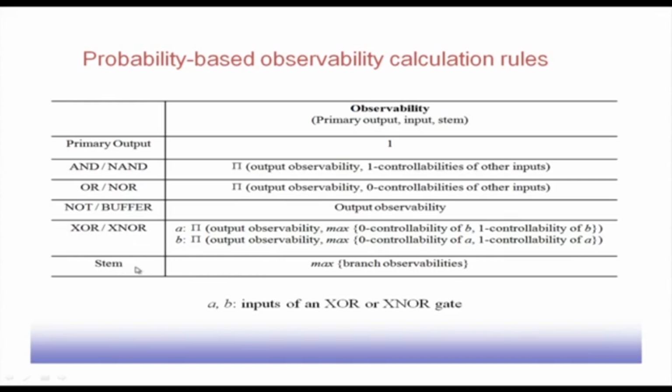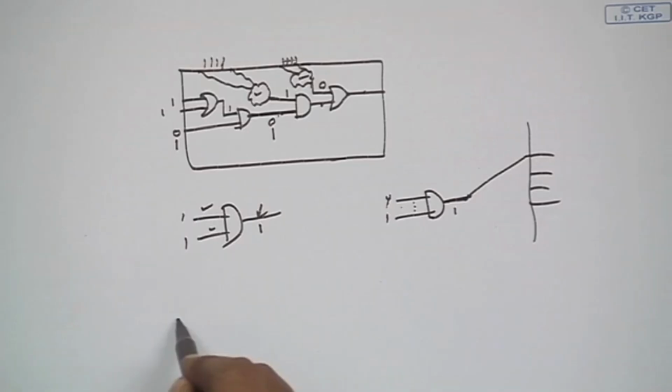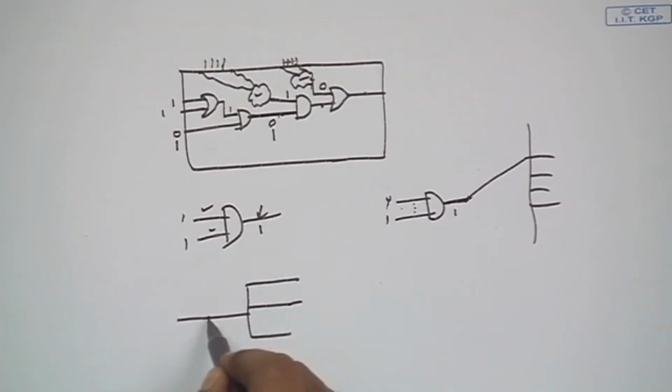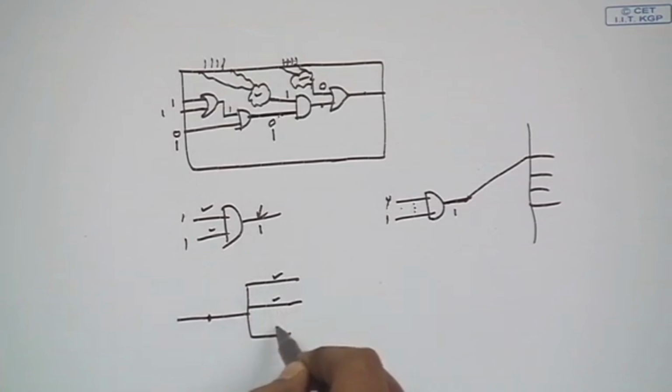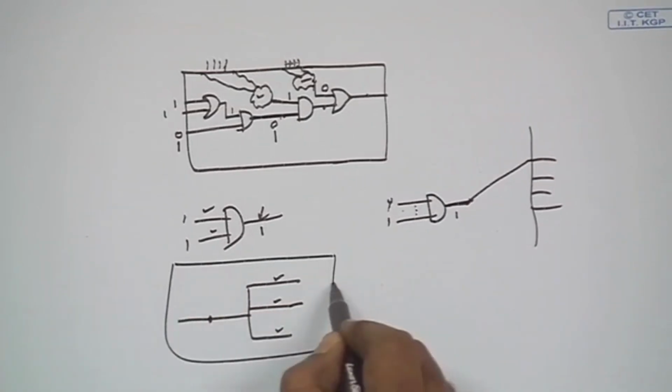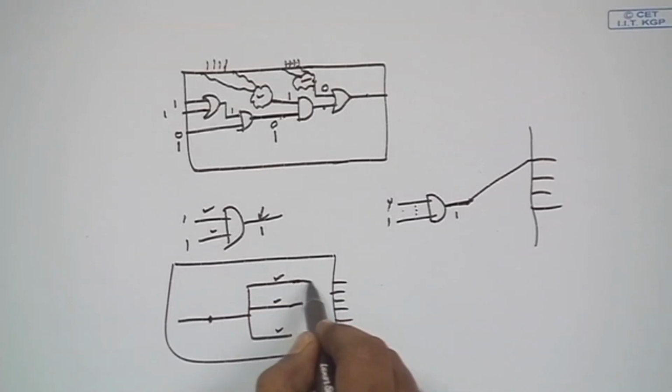If there is a stem, a fanout like this, and we want to observe this value, we can go by any of these branches. Again, if this is the chip and these are the primary outputs, this stem may go here.